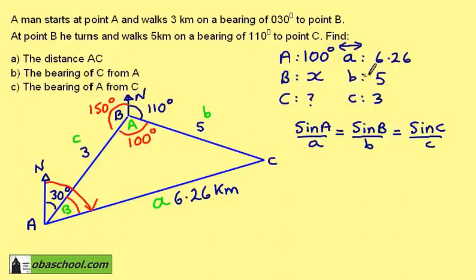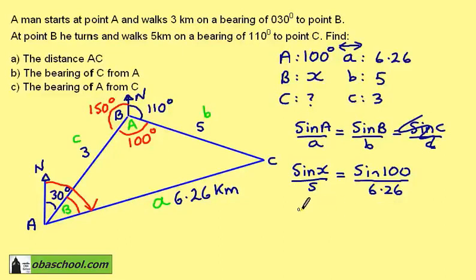We're going to use the A's and B's, so we don't need the C's. Substituting in, we've called the angle B that we're trying to find x, so sine x over 5 is equal to the sine of 100 degrees divided by the side opposite it, which is the 6.26.